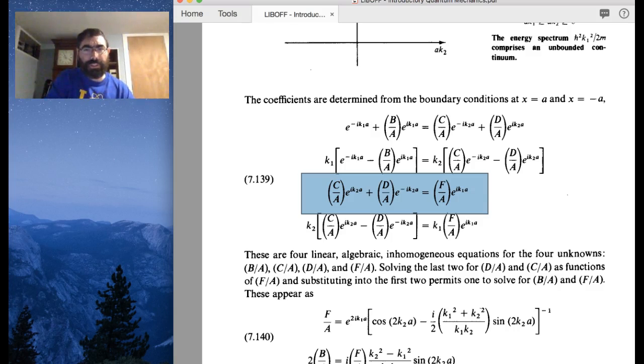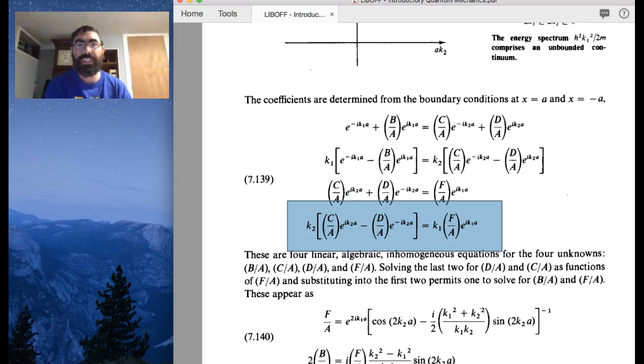And the fourth equation is where the derivatives, the change in the wave functions, are continuous at the barrier where x is equal to a.